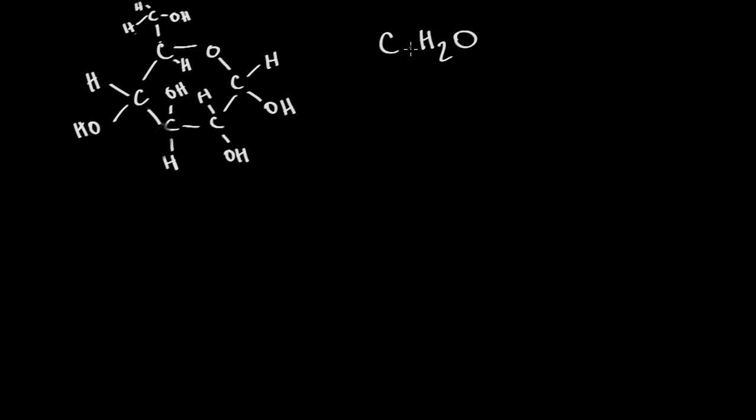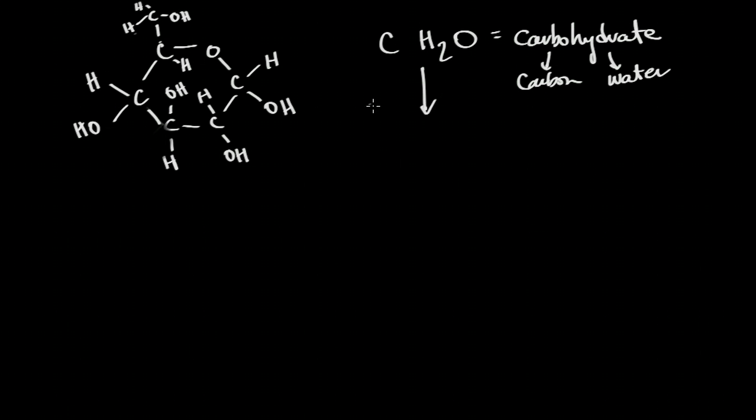So carbon, 2 hydrogens and 1 oxygen. This is really where, think of this, carbohydrate. Think of this as carbon and water. Is that what we have here, carbon, water? Yeah. So, I hope you answered yes.